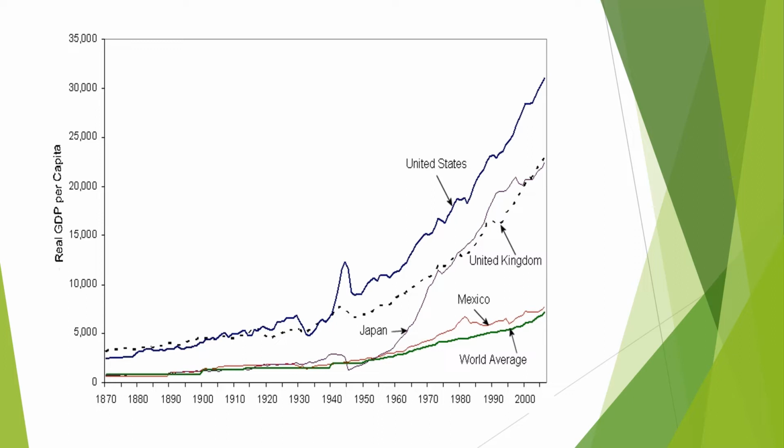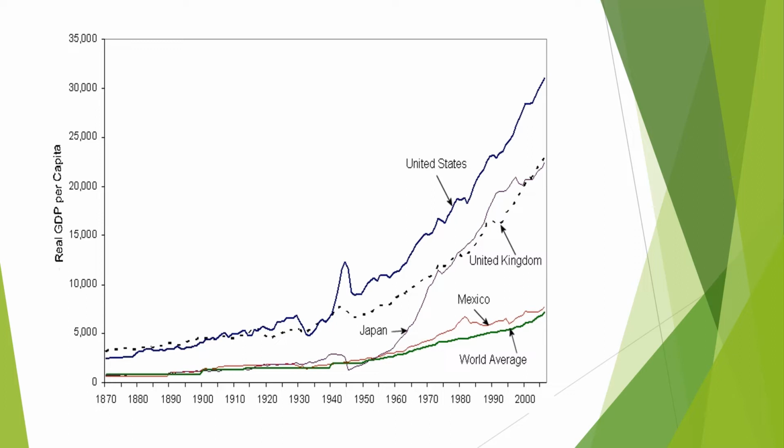And then you can see Japan. Japan in 1870 is also below the world average. It is almost the same income per person as Mexico. And then after World War II, starting from 1950, Japan in fact picked up its growth speed. So they grew really fast.